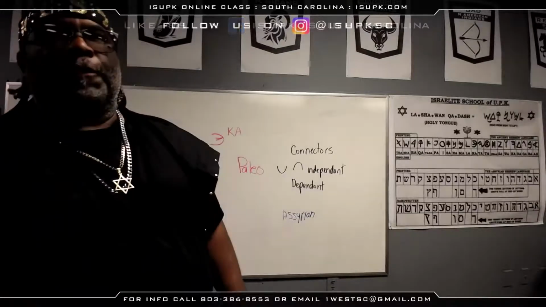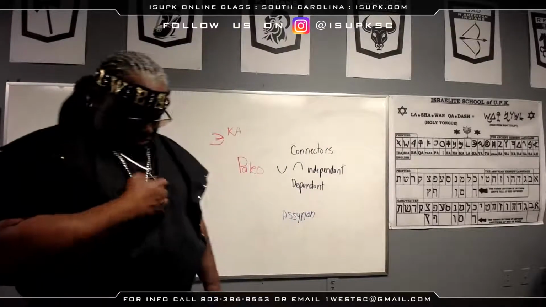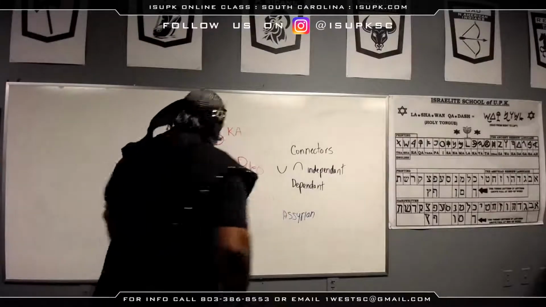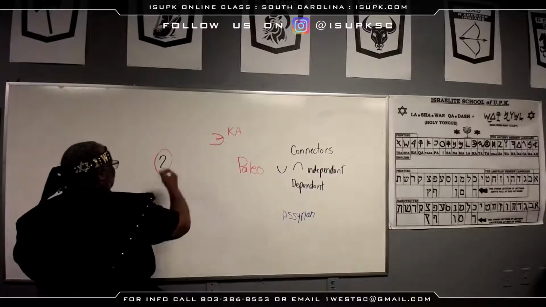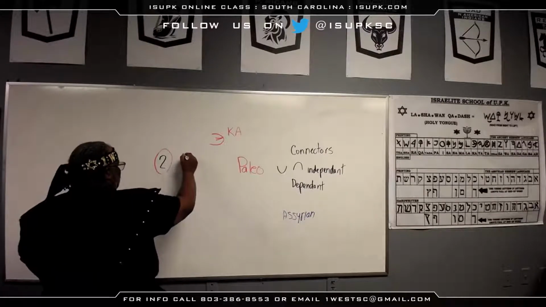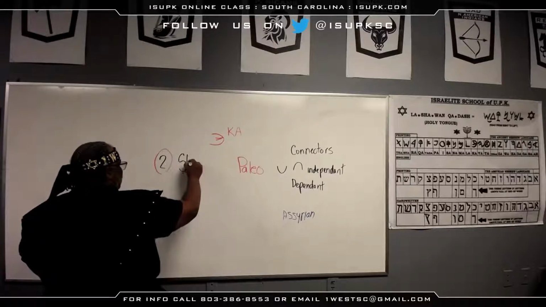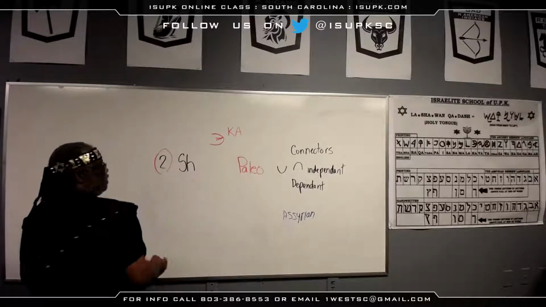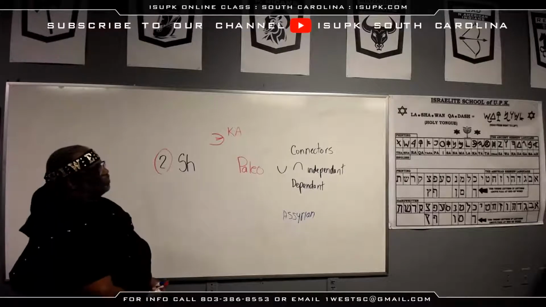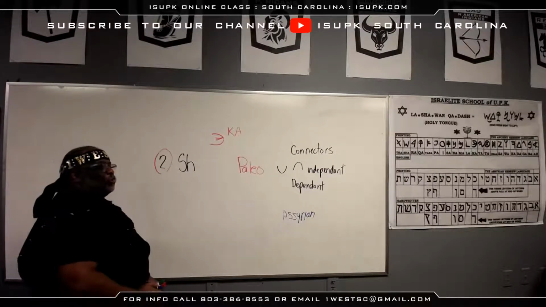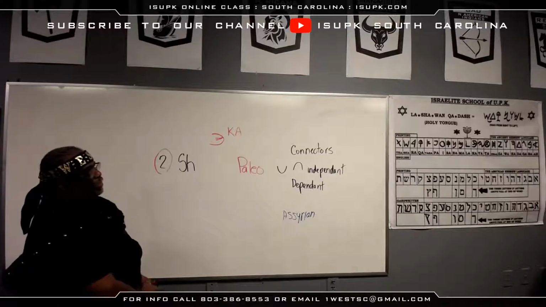What's number 2? It starts with an S. Matter of fact, it's SH. See if you can remember it. Just try to come close. Look through your notes. That's how you get good at doing this.